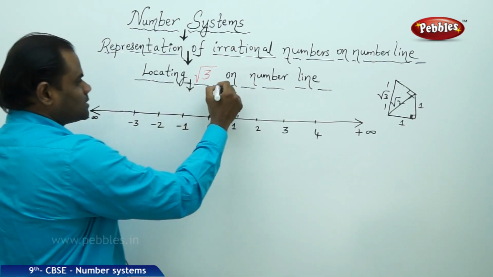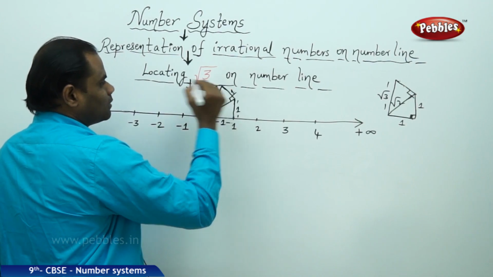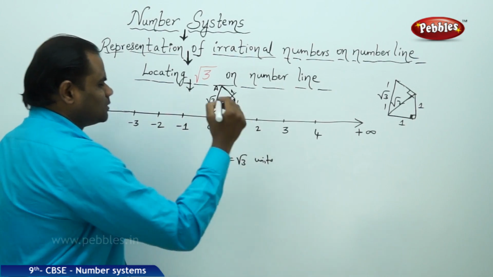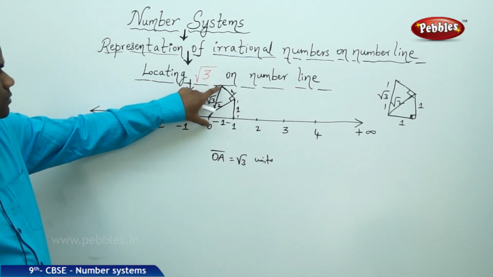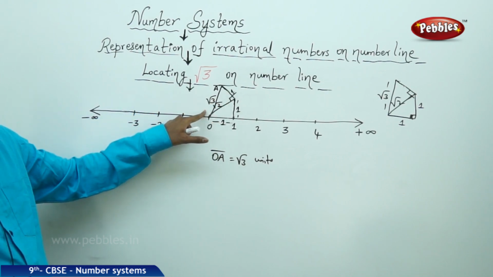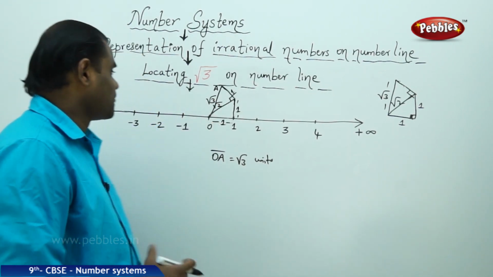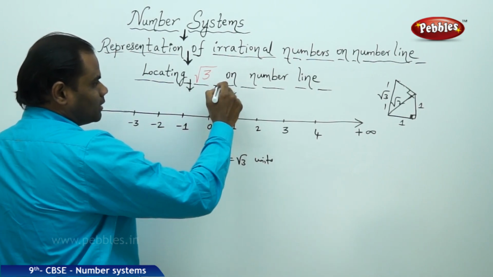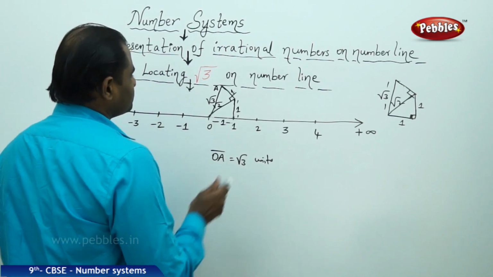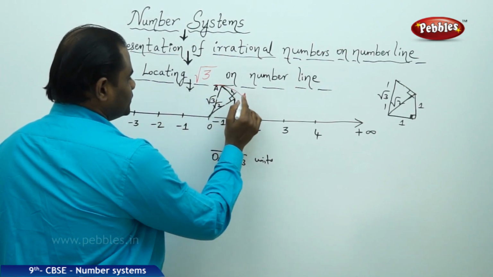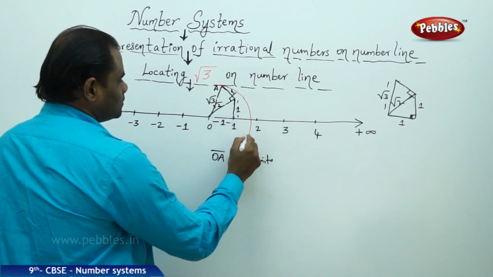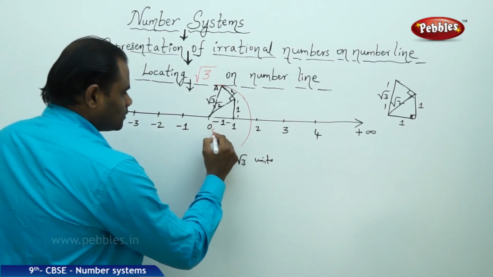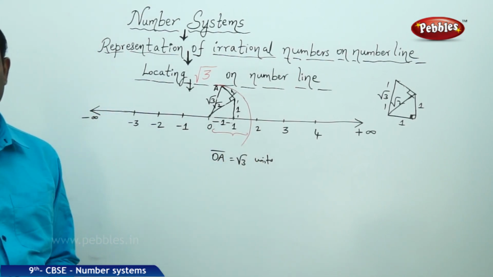So here is, for example, OA with length root 3 units. I have the length OA, which is root 3 units, as constructed through the Pythagoras theorem and discussed in the previous session. I take the compass, put the center at O, and draw an arc from A, and I get an arc which extends out here, and therefore I get the radius root 3, which is also the radius here on the number line.